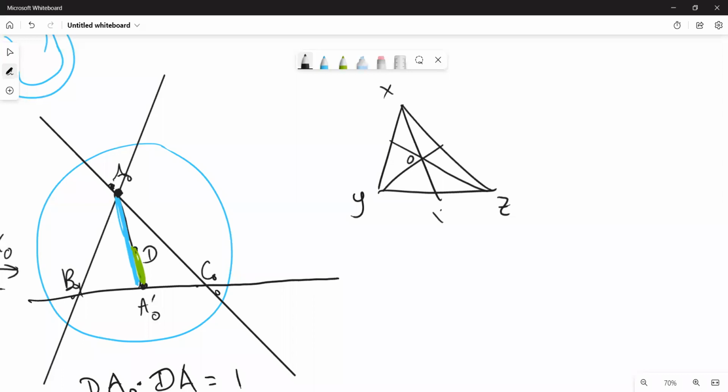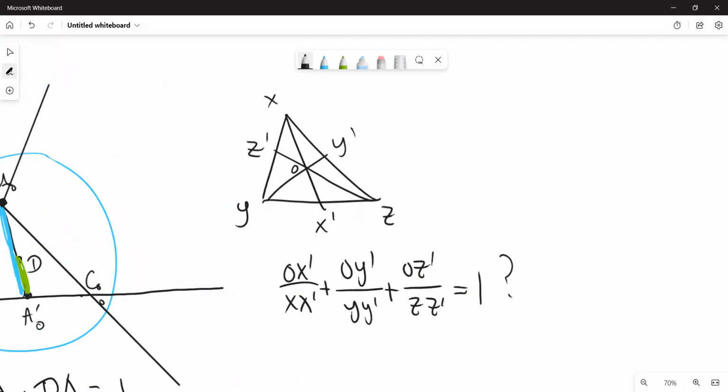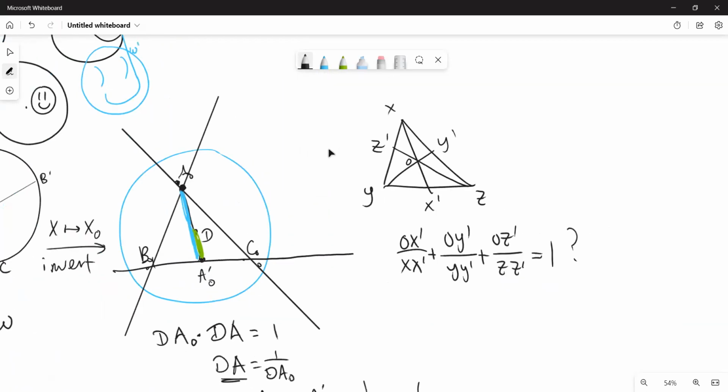X prime, Y prime, Z prime, capital Z, sorry. Why is it that OX prime over XX prime plus OY prime over YY prime plus OZ prime over ZZ prime is always equal to 1? So that's the problem that we have translated it into after inversion.